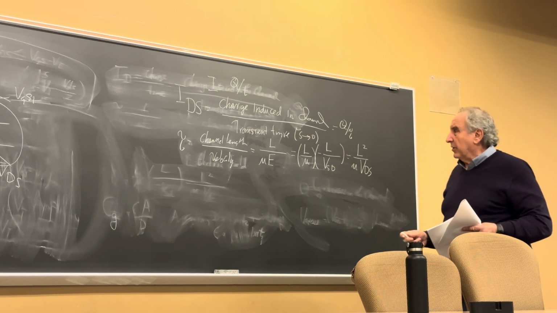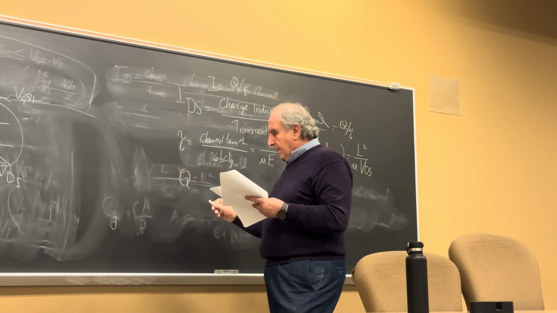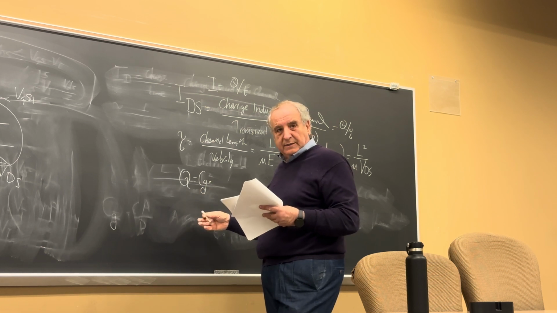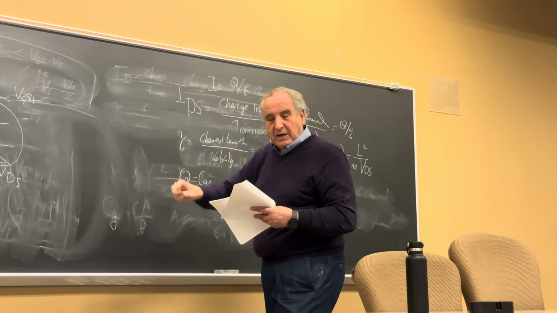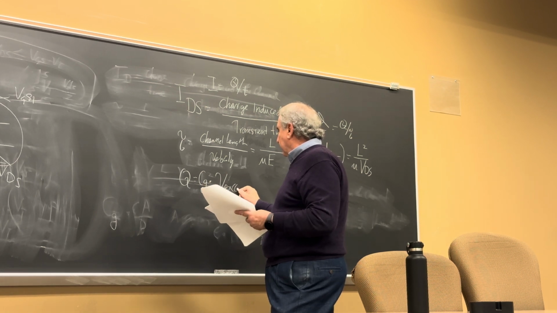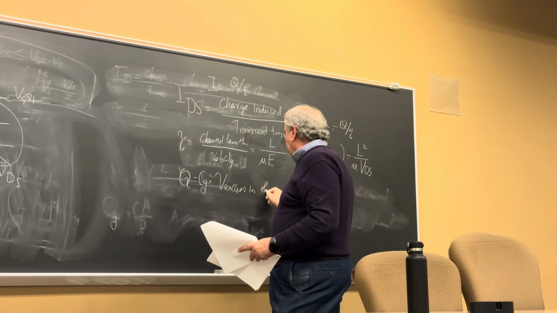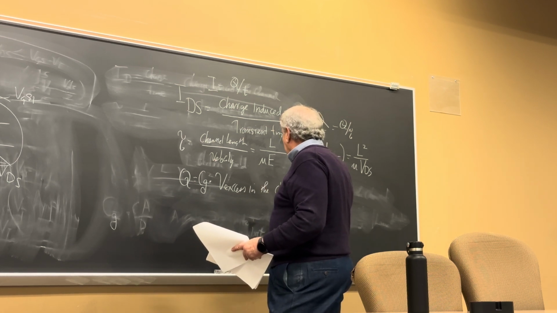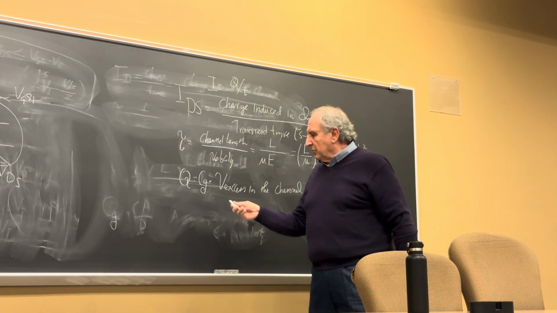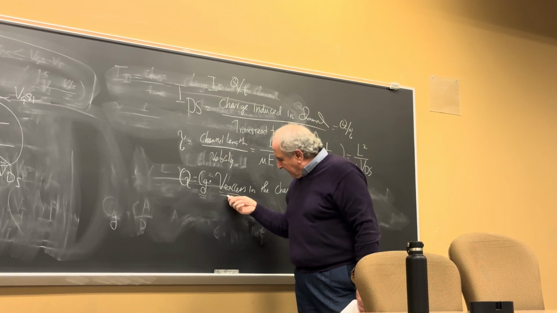Now, charge Q is equal to the gate capacitance per unit area, this is a capacitor we're talking about, times the excess voltage in the channel. This is the one you need to comprehend.